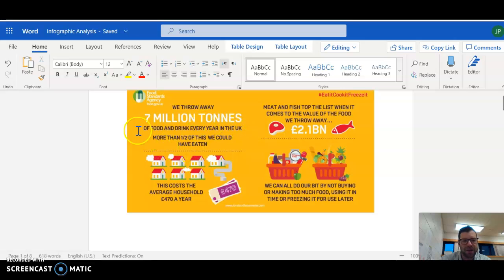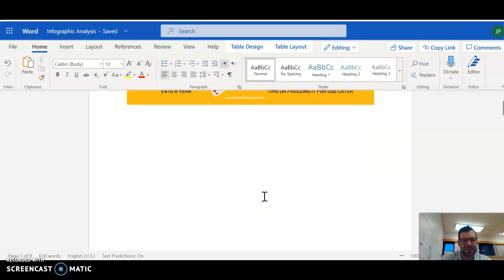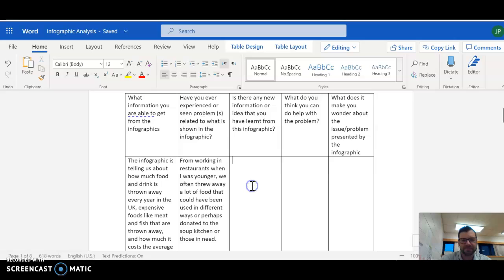I guess the sheer amount, 7 million tons. So the sheer amount of 7 million tons of food thrown away is new information for me.